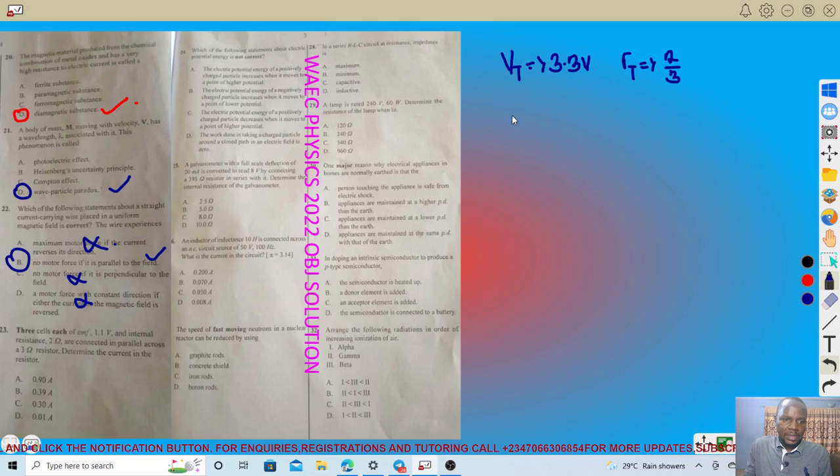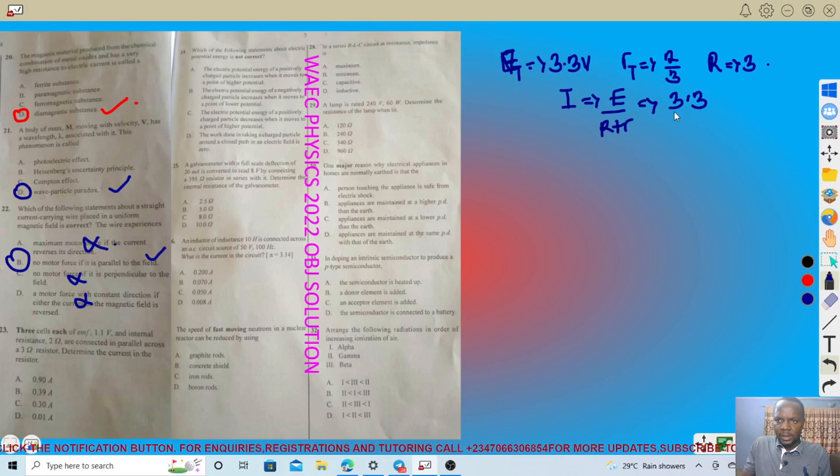They are now connected across a 3 ohm resistance. The question is the current. Direct formula: E over R plus r. I think this is calculator work. E here is the total voltage. That is 3.3 over 3 plus 2 by 3.